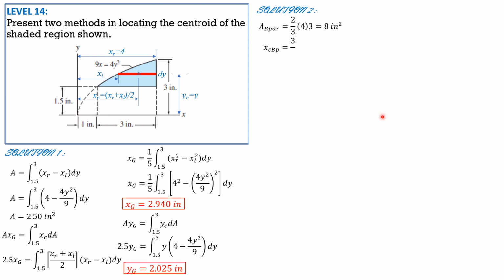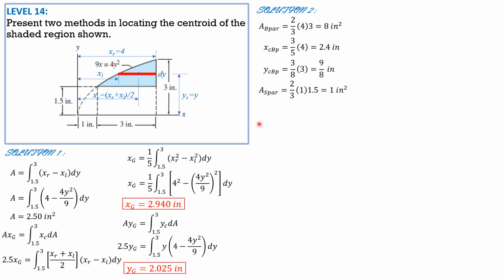So x sub c of big parabola is 3/5 of 4, so 2.4 inches. Y sub c of big parabola is 3/8 of 3 inches, the height, so 9/8 inches. For the small parabola, the area is 2/3 of 1 times 1.5, so it is 1 square inch.